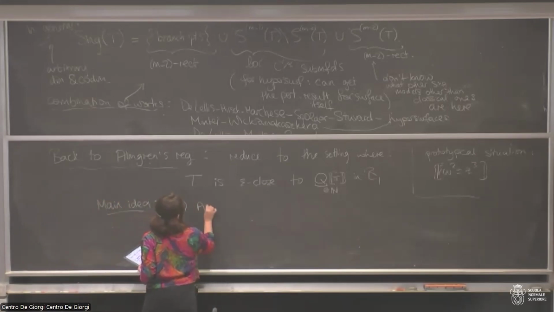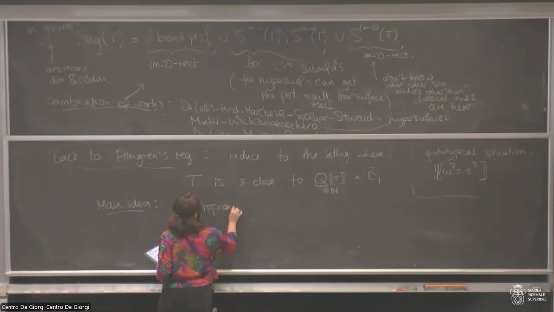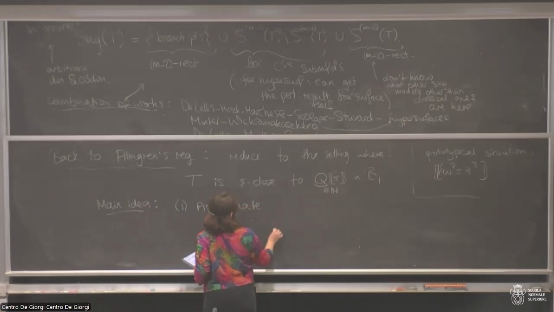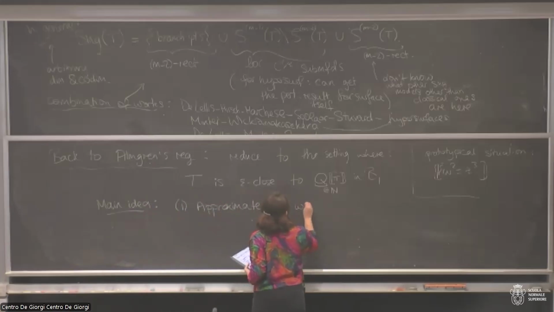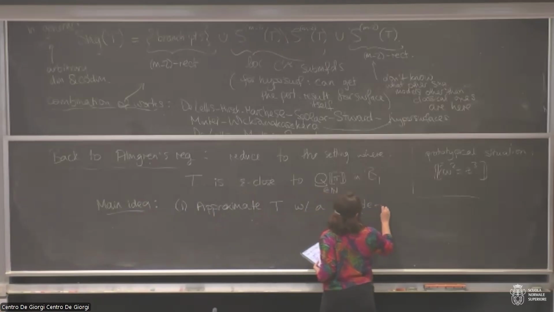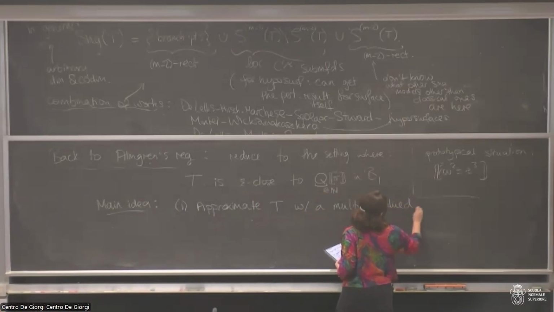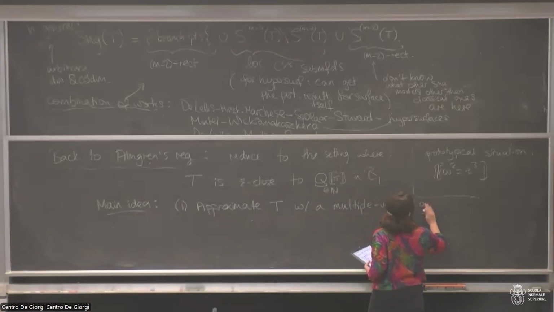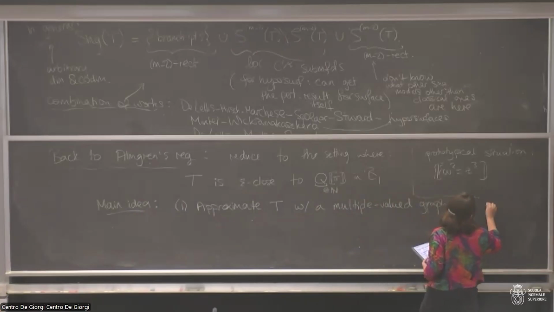First, you approximate T with a multiple valued graph over the optimal plane.